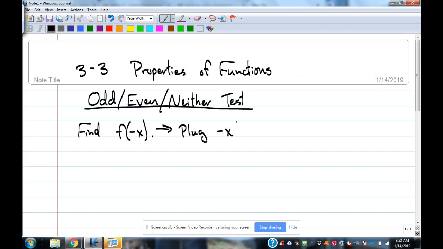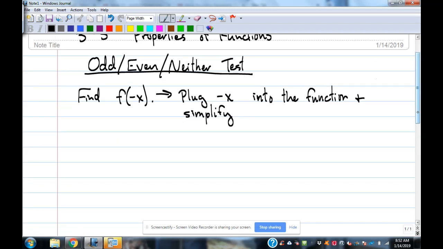Plug in negative x into the function and simplify. That's all. That's what we're going to do. And based on the result, we're going to be able to decide if the function's odd, even, or neither.